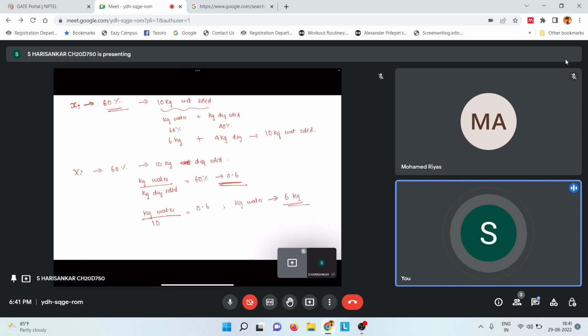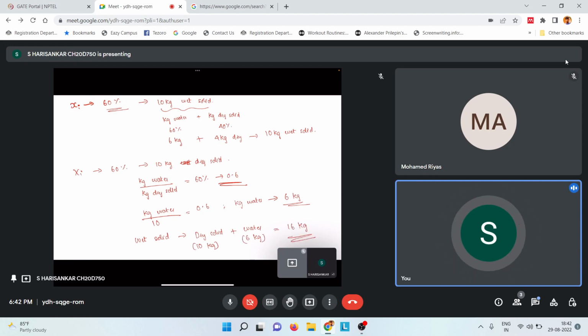So then here what will be the weight of the wet solid? Wet solid will be dry solid, which is 10 kg, plus water, which is 6 kg, and this wet solid will be 16 kg.